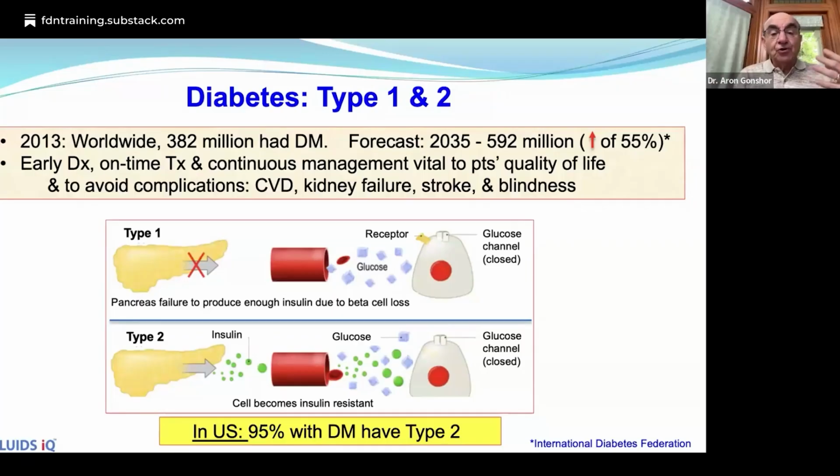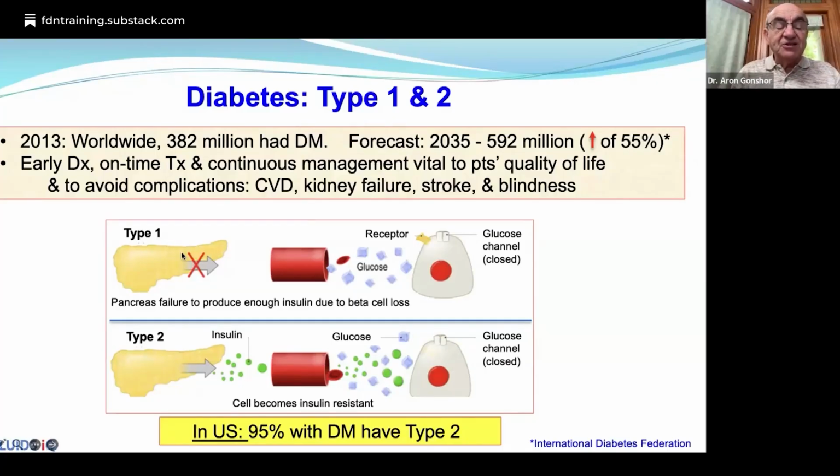However, we do know that early diagnosis, on-time treatment, and continuous management really becomes vital to a patient's quality of life. And as I said a few moments ago, to avoid the complications of cardiovascular disease, kidney failure, heart failure, stroke, blindness, etc.